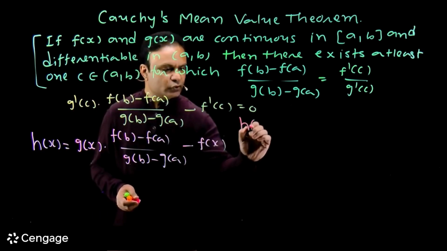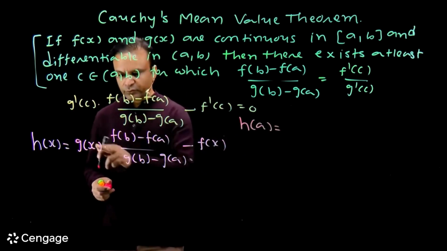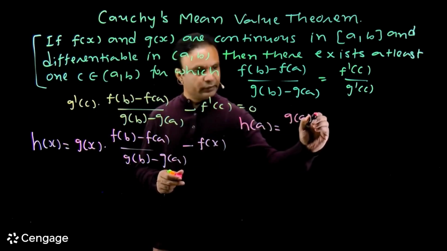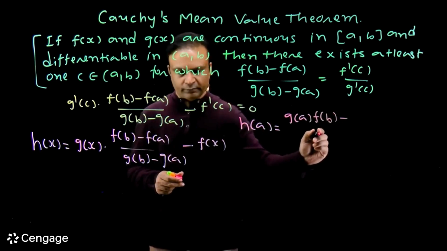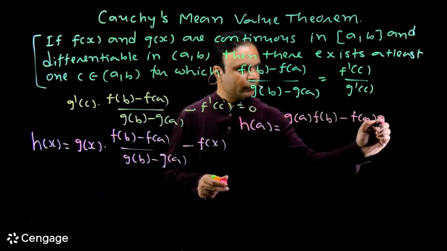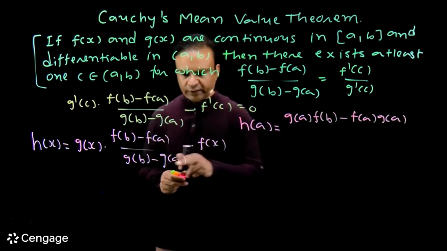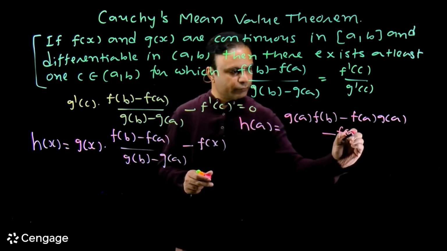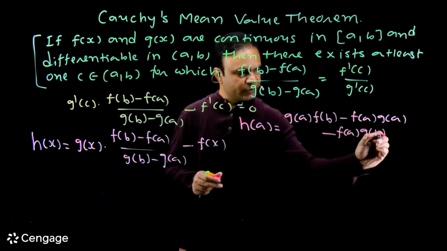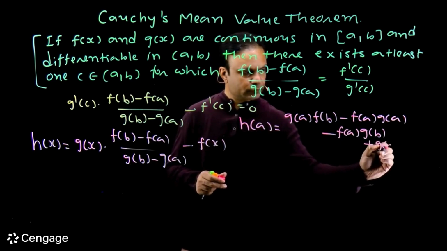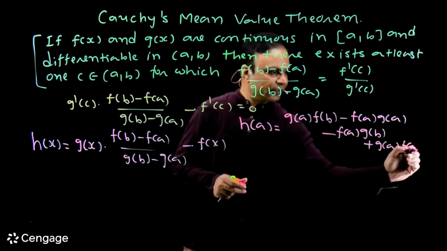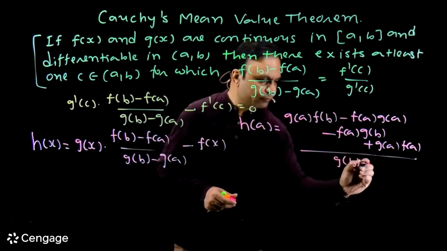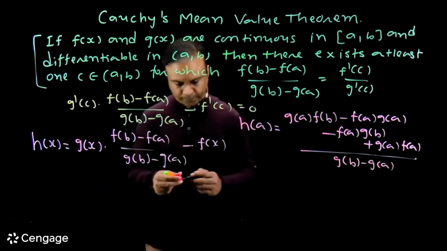The value of h(a), put here x is equal to a, so we have g(a) multiplied by (f(b) minus f(a)) minus f(a) multiplied by (g(b) minus g(a)), this upon g(b) minus g(a).